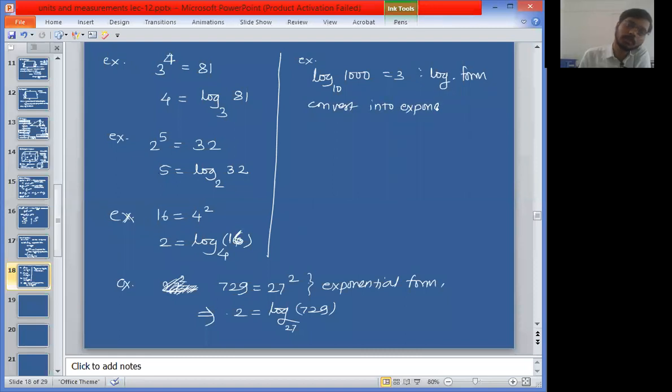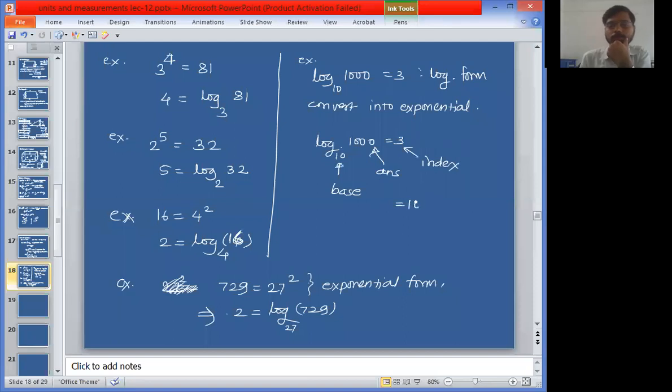Convert into exponential. First, this is index is equal to log of answer to the base b. This must be index. All of you are giving the correct answer. Correct. This is index, sir. This is answer. And this is base.